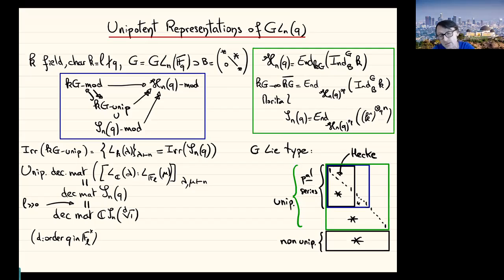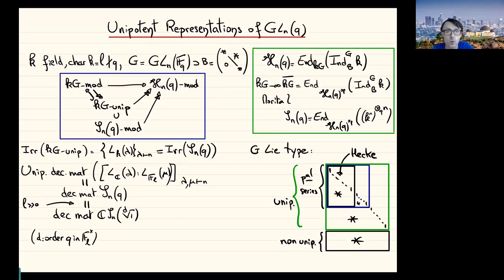And on top of that, you have this non-unipotent chunk of the decomposition matrix. The green part of the decomposition matrix, say for GL_n, or the blue part, all of that depends only on d, or at least conjecturally. It's true if L is big enough. So it doesn't depend on q, but the number of rows in this non-unipotent part does depend on q.